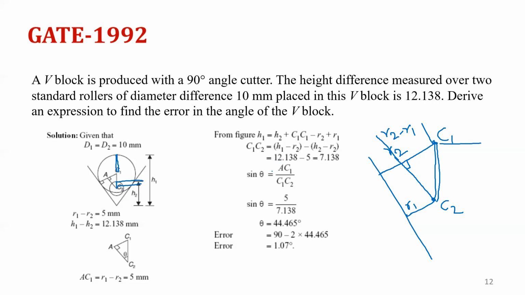Therefore, you can find out C1C2. H1 minus R1 gives this point, and H1 minus R2 takes you up to this point.